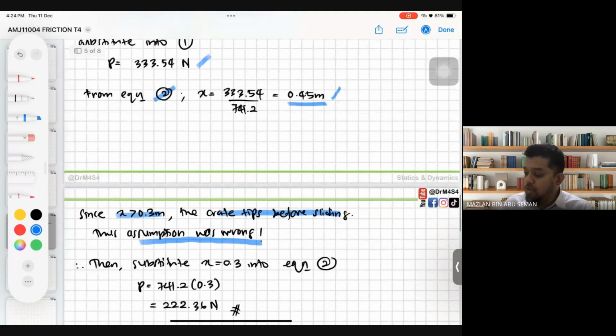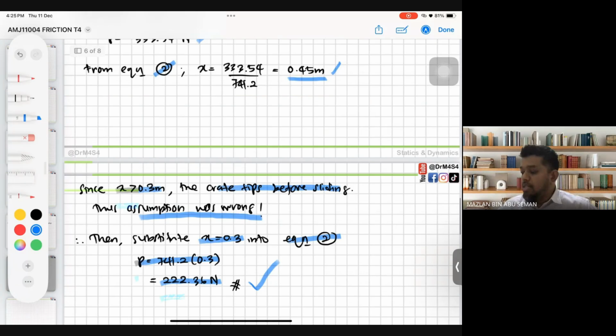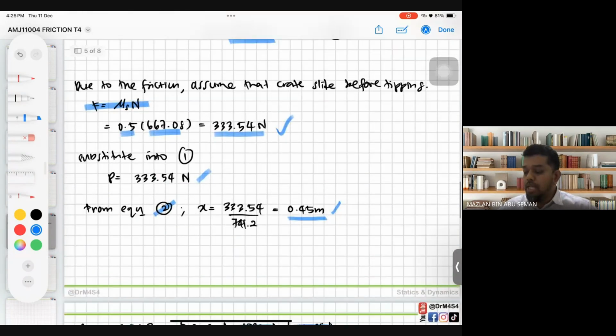What we have to do is substitute X equal 0.3 into equation 2. Then we get our P value is 222.36. That means this is the force required by that man to make sure the crate slides, not tipping. All right, so this is the solution for question number 4.